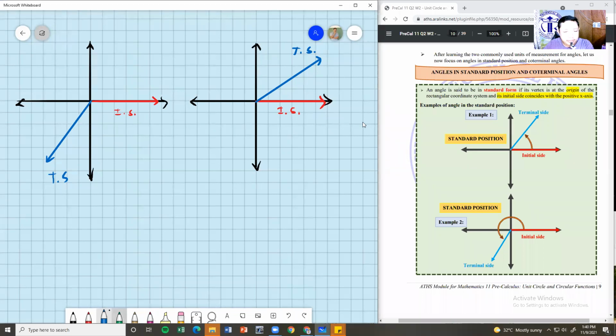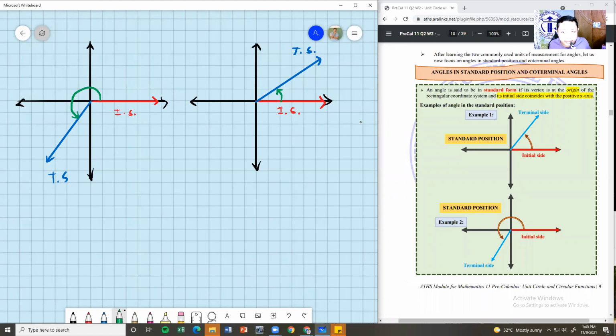So, let's continue. In here, this is our angle. And look at the arrow. The arrow always shows direction from your initial side going to your terminal side. Can you follow? So that is the angle formed. On the other figure, from your initial side going to your terminal side, that is your angle formed.